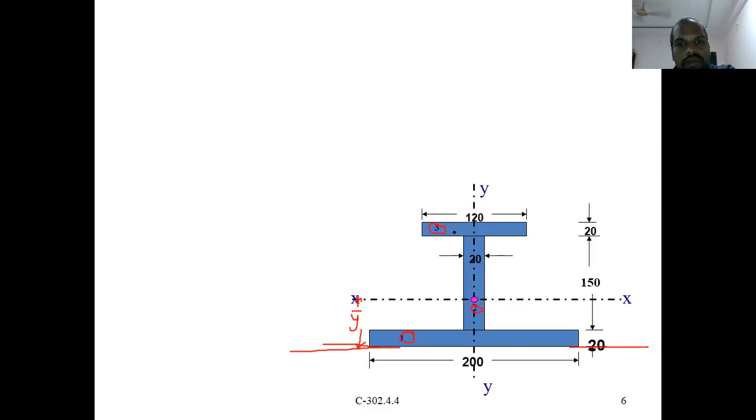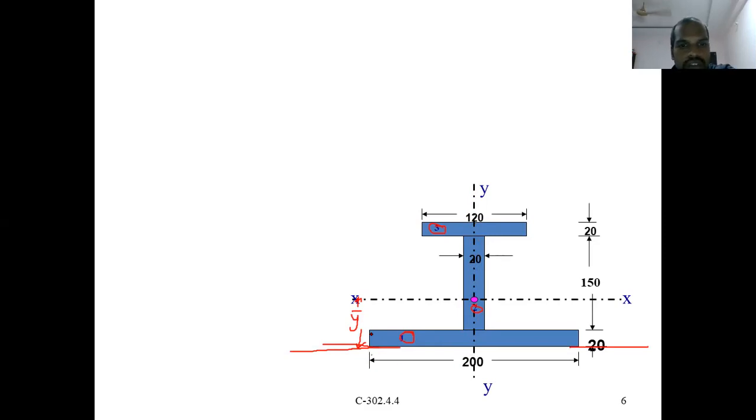As we already discussed, it is symmetric about the y axis, so there is no need to calculate x bar at all, because this axis divides figure 1, figure 2, and figure 3 equally, passing through the centroidal y axis of the individual sections also. So what is x bar?